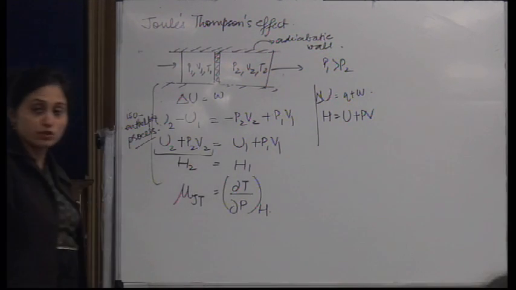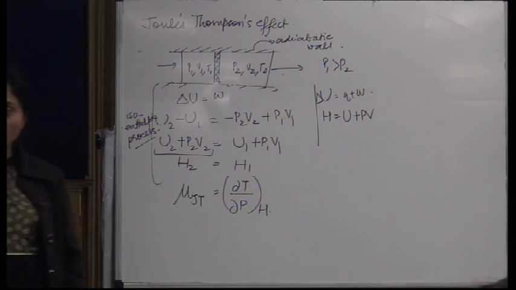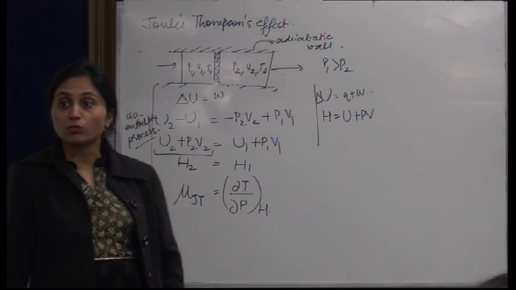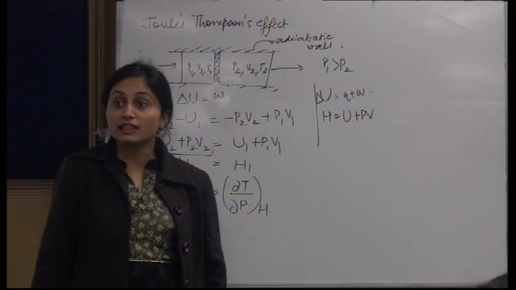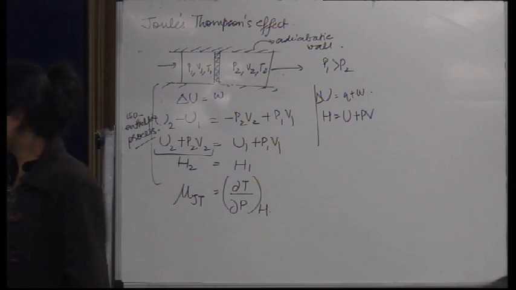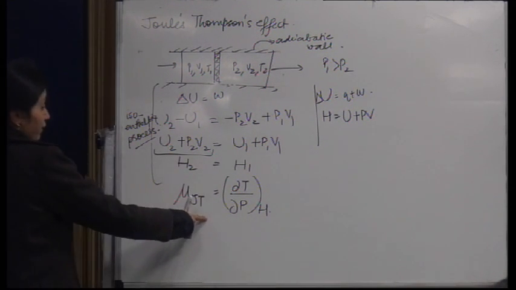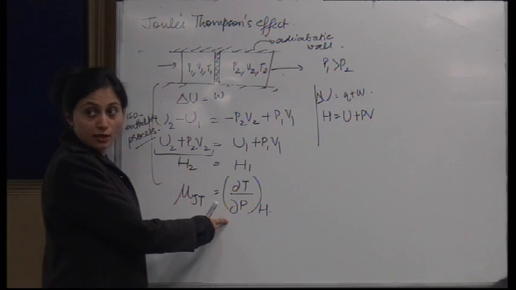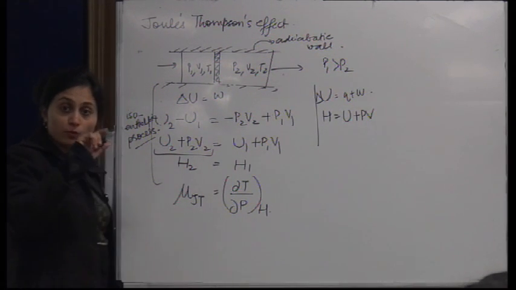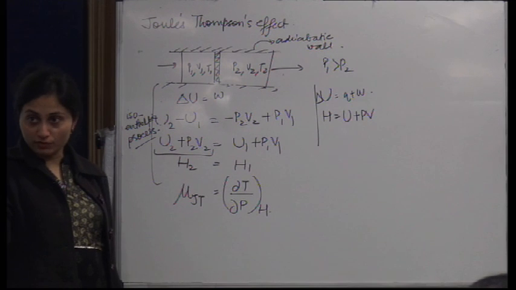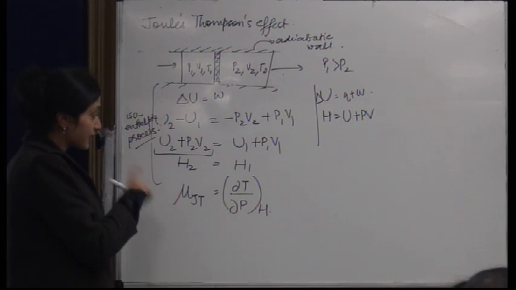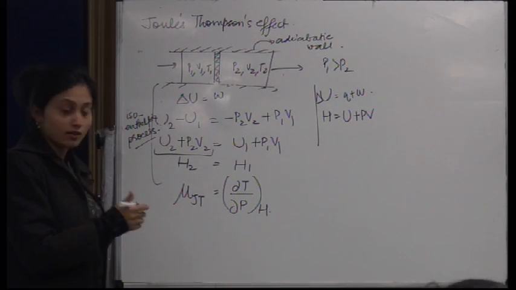What was your Joule's coefficient eta? That was equal to change in temperature with change in volume at constant internal energy. Here you have the Joule-Thomson coefficient as change in temperature with change in pressure. There we were monitoring the change in volume, the previous experiment. And in this experiment we are monitoring the change in pressure.